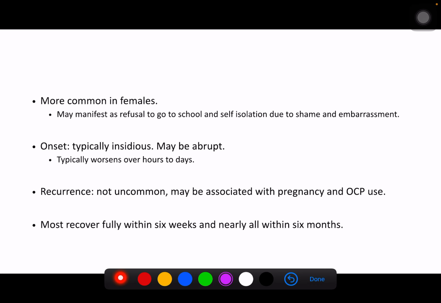So a patient suffering from Sydenham chorea will recover, write it down, in 6 weeks, though it may take 6 months for complete recovery.